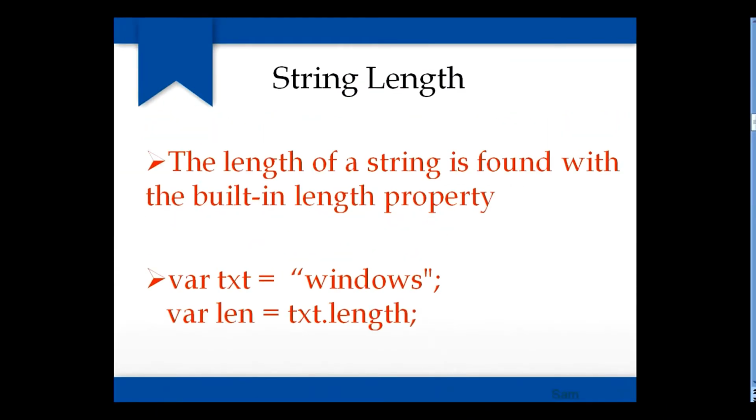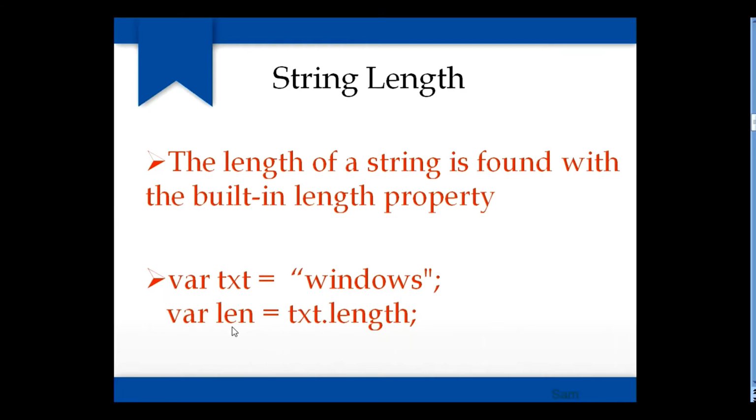Then there is a string property called length. This property is used to return the length of a given string. For example, if I create a string where txt equal to Windows, now txt.length returns the length to this variable len.